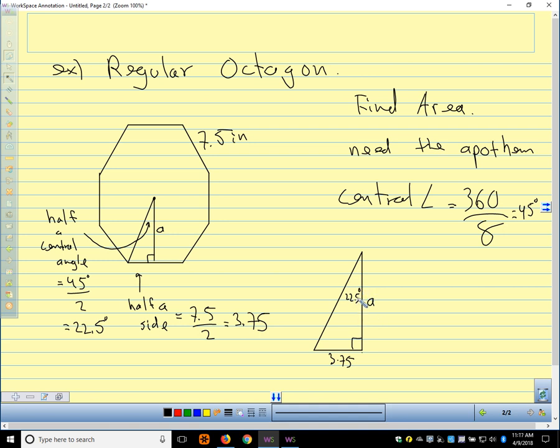For the 22.5, is this the opposite, the adjacent, or the hypotenuse? That's the opposite side. How about the apothem? Adjacent or hypotenuse? That's the adjacent side. So then we go to Sohcahtoa and we say, well, what trig ratio tells us about the opposite and the adjacent? It would be Toa, so it's tangent. So we're going to use tangent.